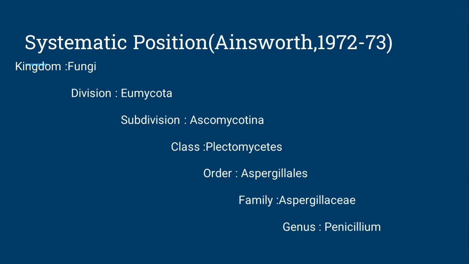Order Aspergillales and the family Aspergillaceae. The name of this order and family is based on one of the genera which belongs to this group, Aspergillus. But now, because the perfect stage of Aspergillus is discovered as Eurotium, in some classification systems the order is also written as Eurotiales and family Eurotiaceae. Genus Penicillium. So this is the classification proposed by Ainsworth for the Penicillium fungus.